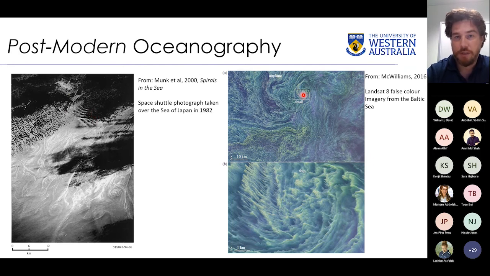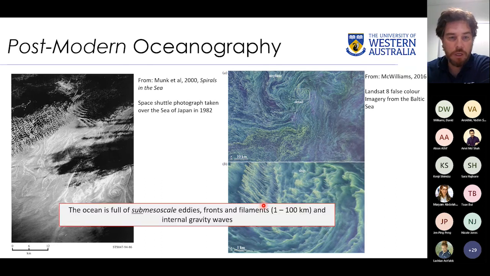On the right is another example, taken from an orbiting modern satellite. It's false color imagery over the Baltic Sea. At scales of 10 kilometres you see these eddies, and then zooming in down to scales of 1 kilometre, you start seeing all these finer filaments and fronts forming.